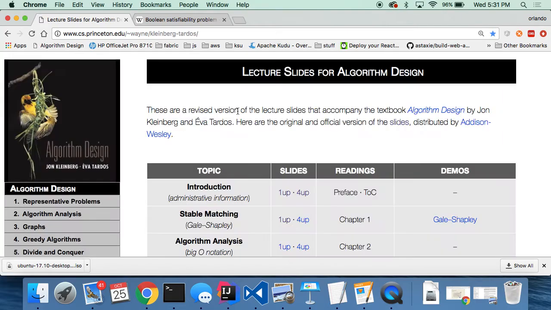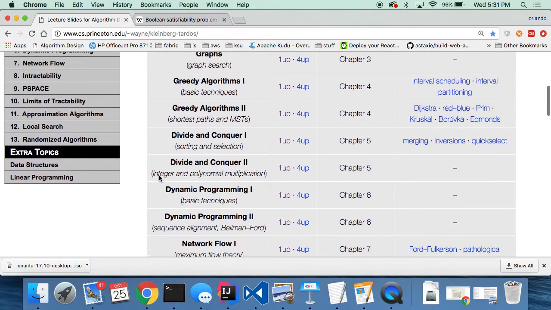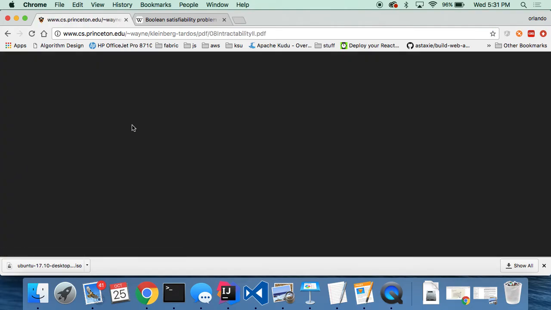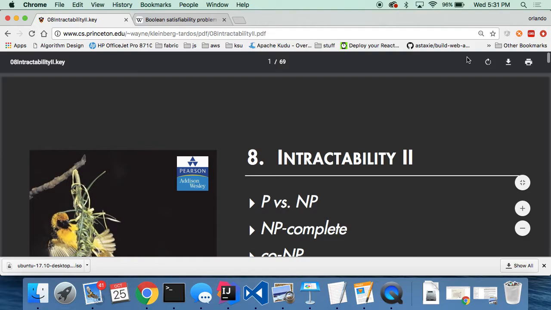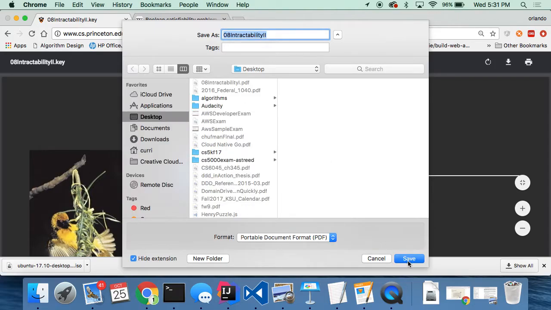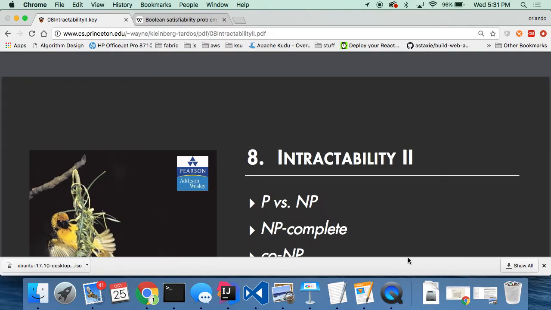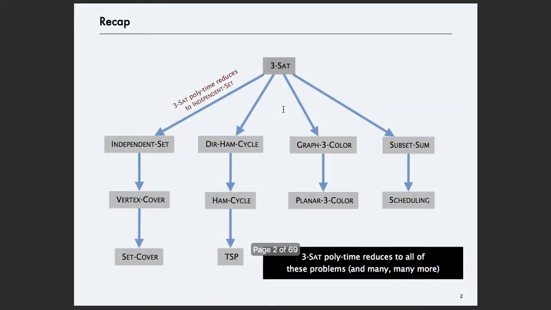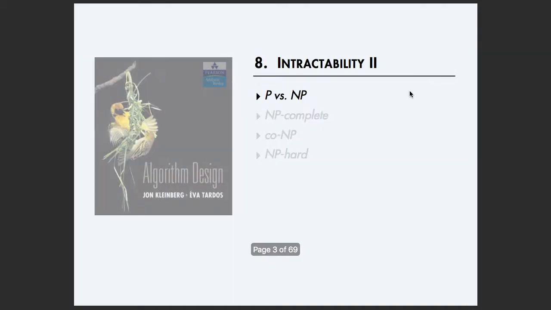I probably have downloaded it 7 times, but I'll download it again. There we go. We have seen that 3-SAT reduces to all of them, and vice versa.